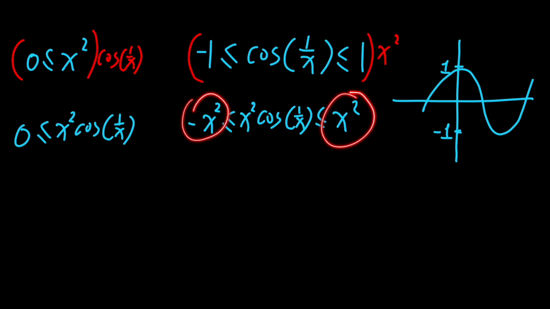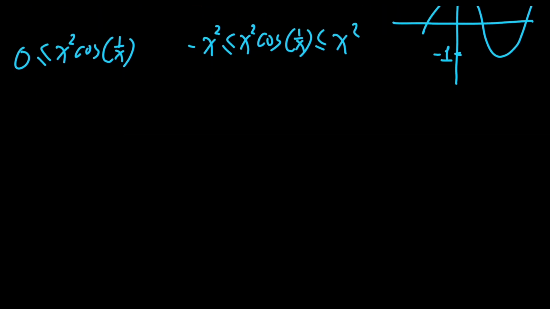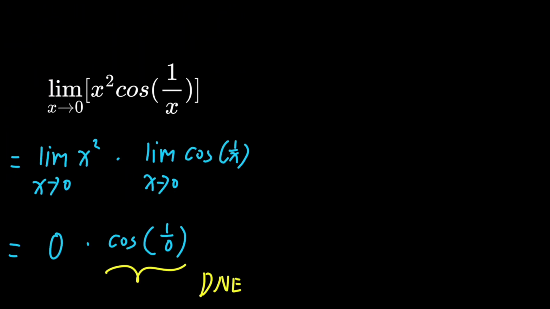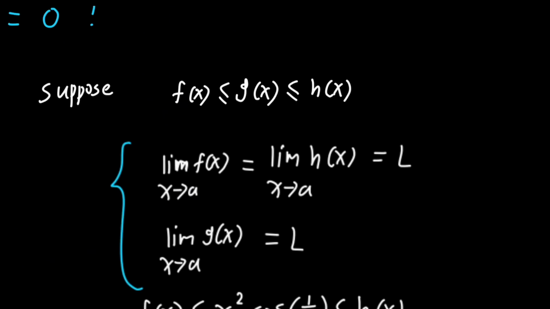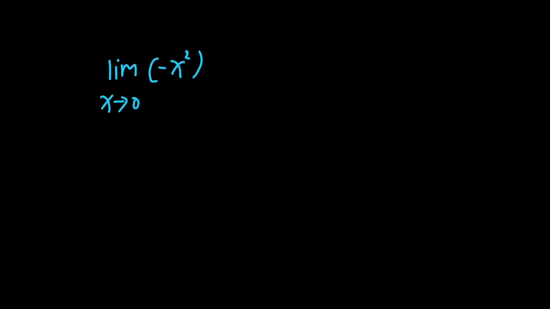If they are equal, then we can say this middle function will equal the same value. So the limit of negative x squared as x approaches 0, according to the problem given, right? Just keep it consistent.